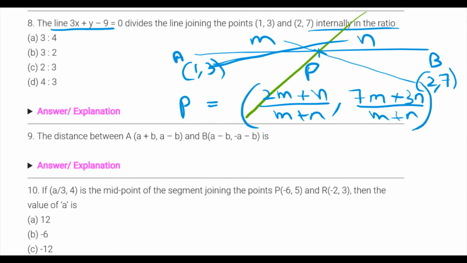This point is lying on the line 3x plus y minus 9. So this line is intersecting this AB line segment. Point P is lying on the line. We can substitute the coordinates of P in this line equation.